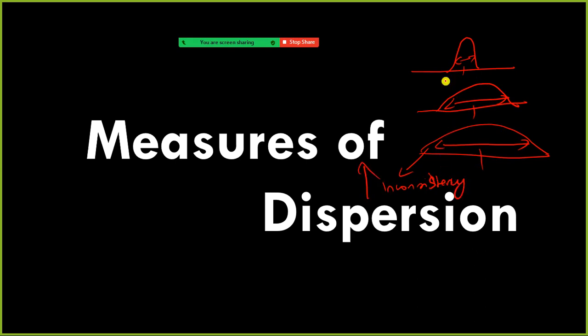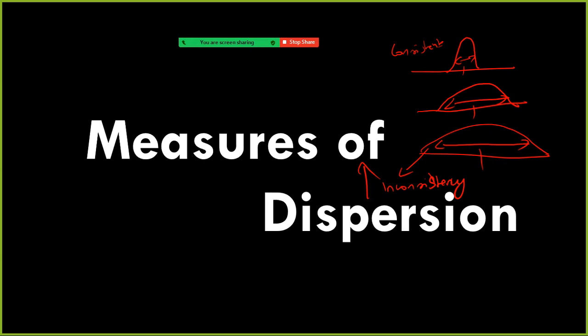So the lesser the spread, the more consistent the data is. The measures of spread are very helpful to understand how consistent the data is. The larger the spread, the more inconsistent it is. The lesser the spread, the more consistent it is. Just park this in your mind at this moment.